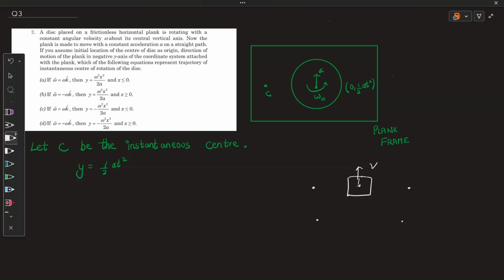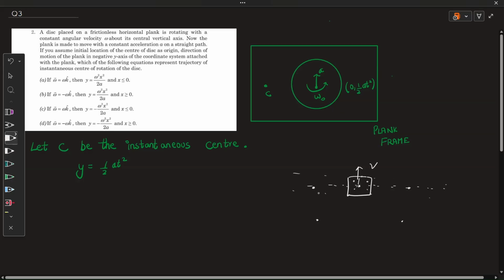So the center for this lies on the same axis as the center of mass. Or let's assume this body to be thin. It lies in this particular frame at infinite distance, because this is perfectly vertical, so the center lies at infinite distance.